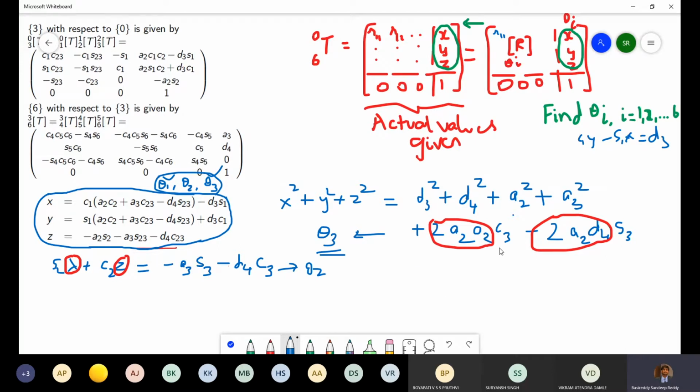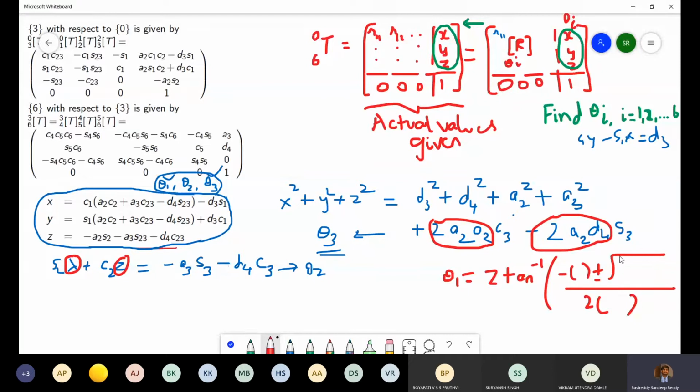This is just something I forgot to mention. If you calculate the value of theta 1, you got something like 2 tan inverse of minus something plus or minus root over something, divided by 2 times something, right?